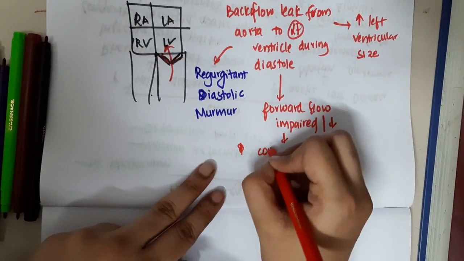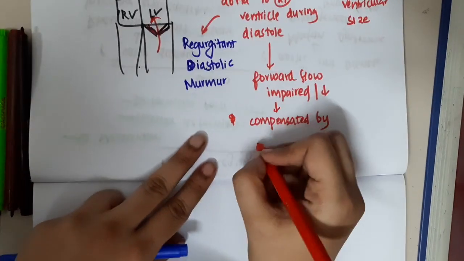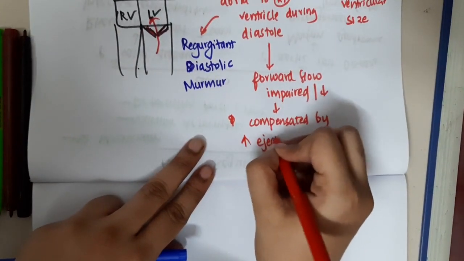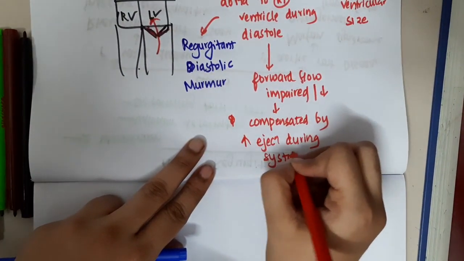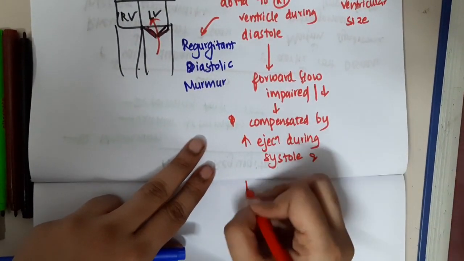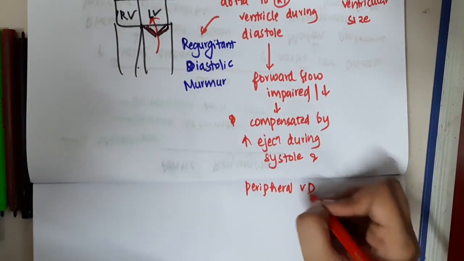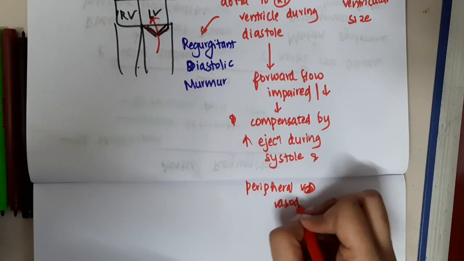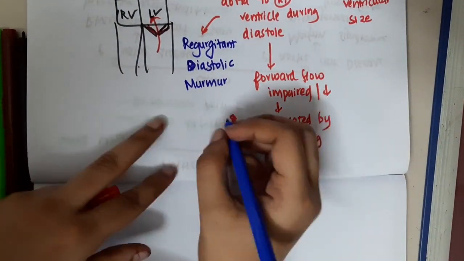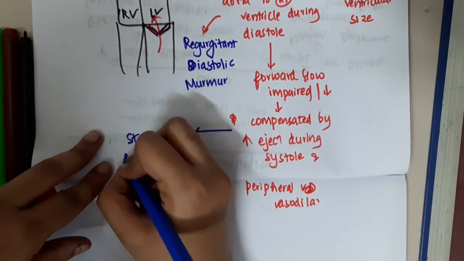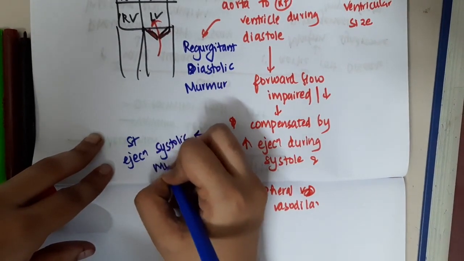This decreased forward flow is compensated by increased ejection during systole, and there is also peripheral vasodilatation. With both these, the decreased forward flow is compensated. So because of that, sometimes you will see an ejection systolic murmur.